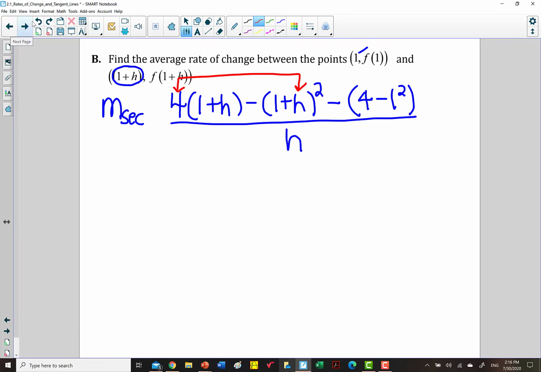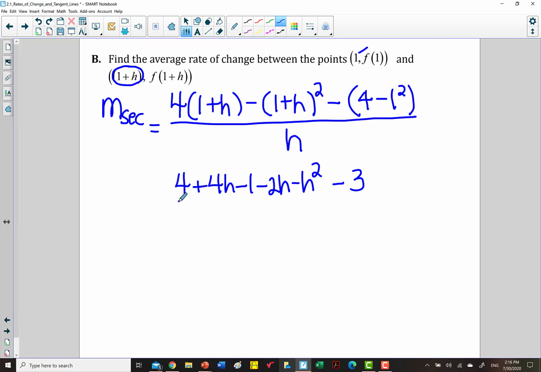So cleaning that up, and distributing the 4, we have 4 plus 4h, expand this and subtract, minus 1, minus 2h, minus h squared, and 4 minus 1 is 3, so minus 3 divided by h.